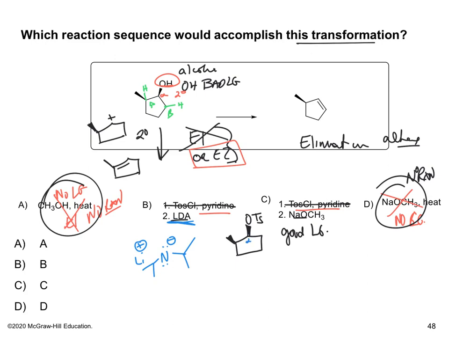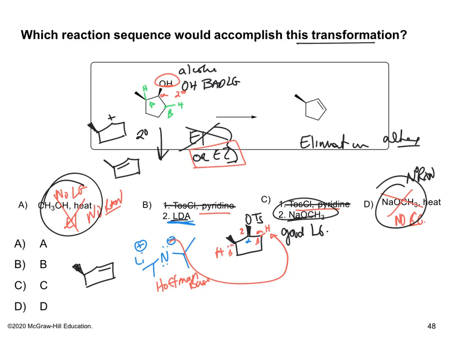So here's your alpha. And so you have a beta hydrogen here, and you have a beta hydrogen here. If it's sterically hindered, this is called a Hofmann base, and it's going to take the hydrogen that's least hindered. So B is going to give you this elimination product.